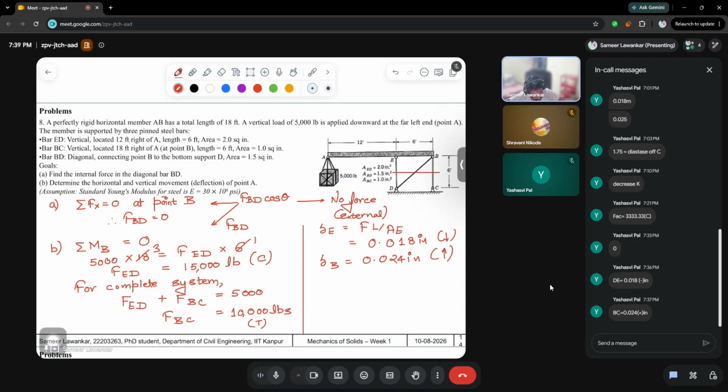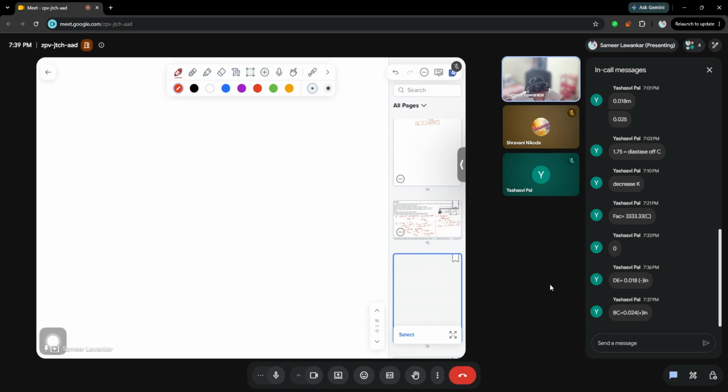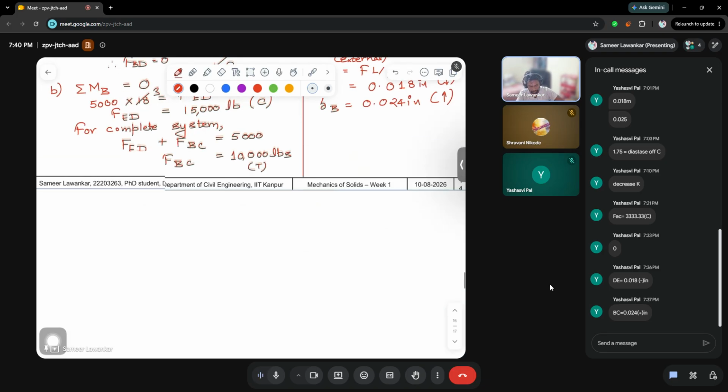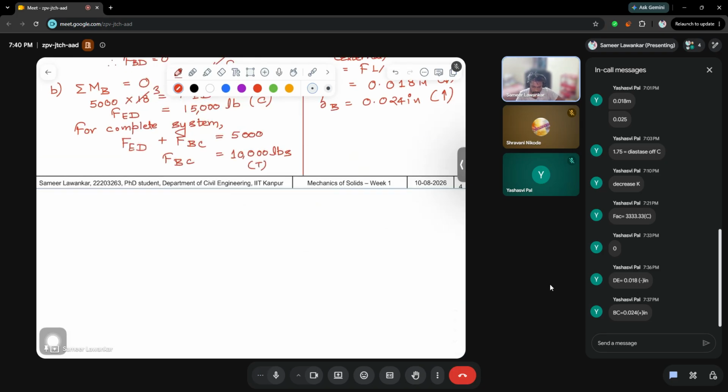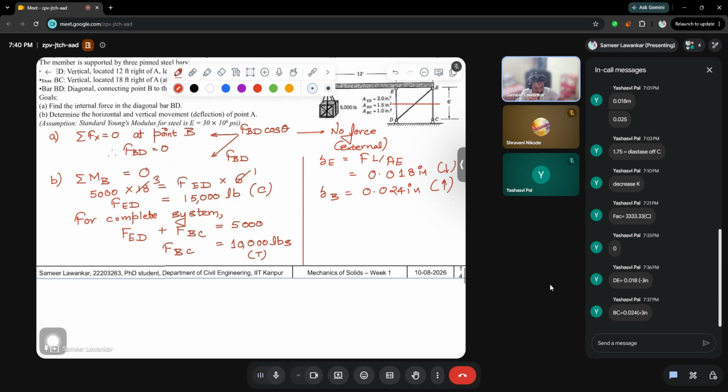Okay. Now try to actually visualize the complete situation. Let me first add one page up here. So here delta E is 0.018 downwards and delta B is actually upwards. Okay, so what does it mean?